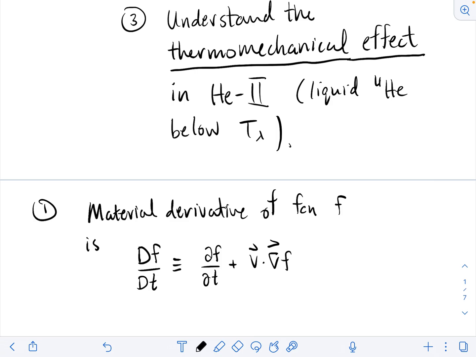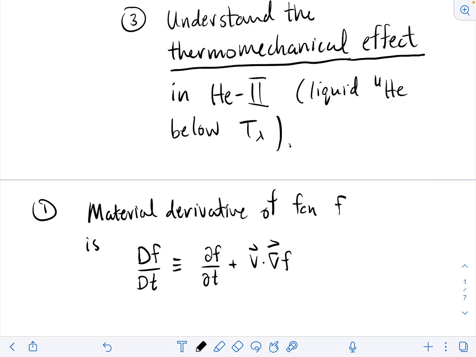Now, in our case, when we are thinking about our equation of motion of the superfluid, instead of a scalar function f, we have the vector v. So we're actually taking a material derivative of a velocity. And so on the left-hand side of our equation, we have dv/dt plus v dot grad of v. So if you replace f with the vector v, then that appears in our equation of motion.